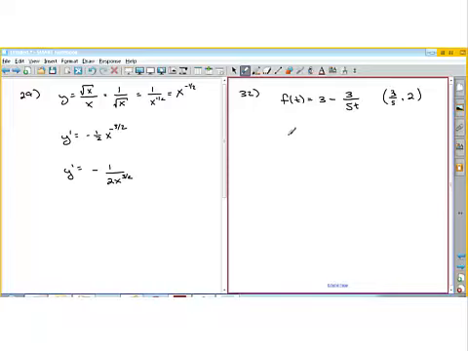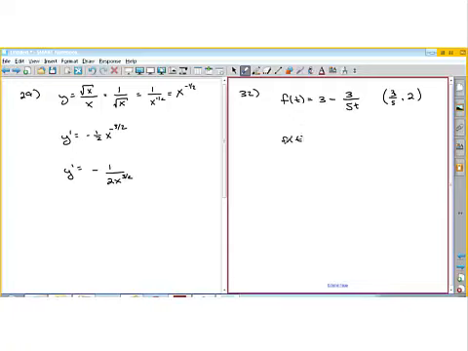So they're asking to find the slope of the graph of the function at a given point. So they're not asking us to find the equation of the tangent line. So all we have to do is to take the derivative.